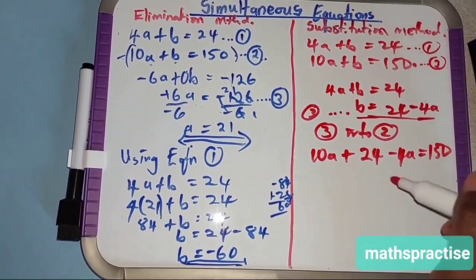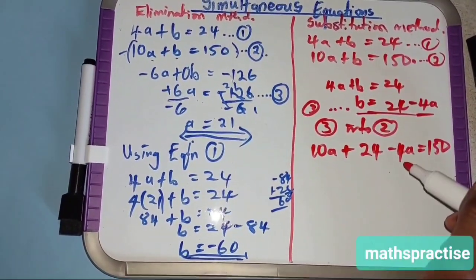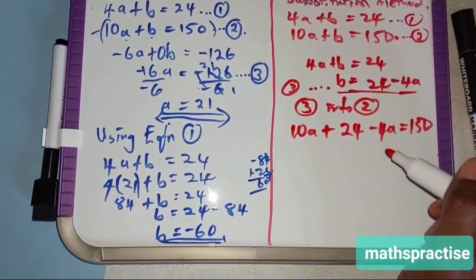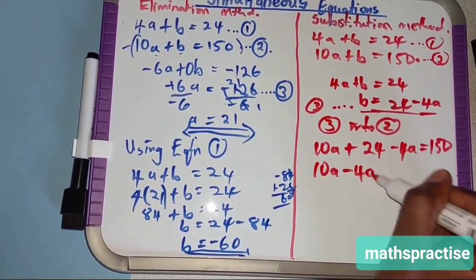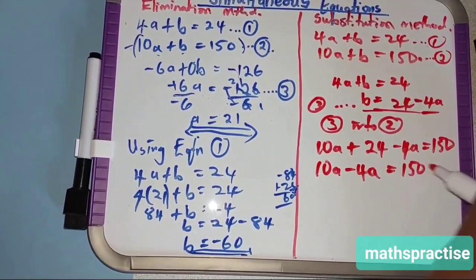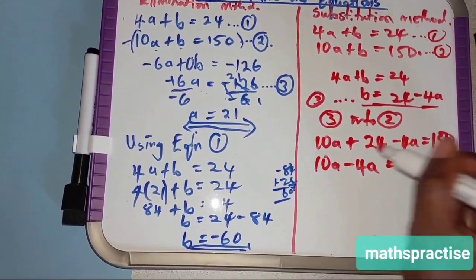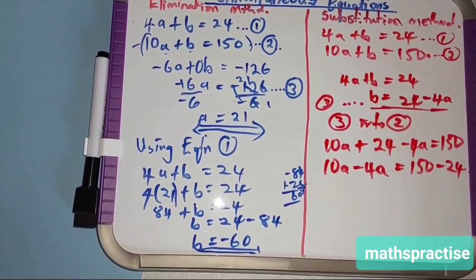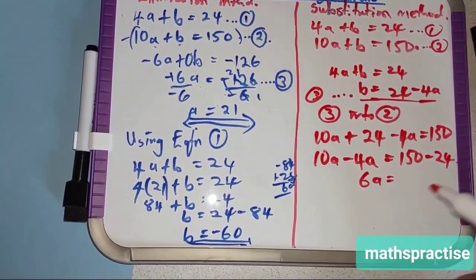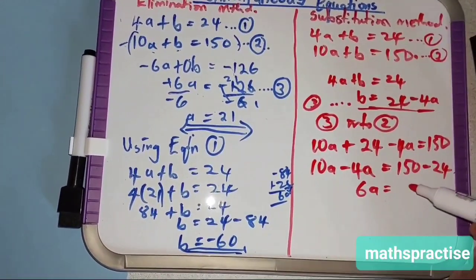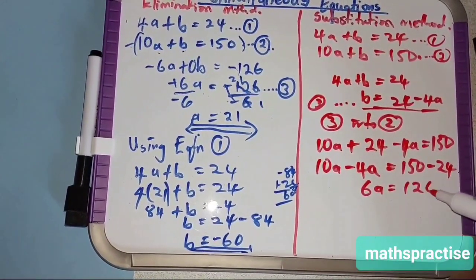We group the like terms: 10a minus 4a is equal to 150 minus 24. So this becomes 6a, and simplifying the right hand side, it becomes 126.